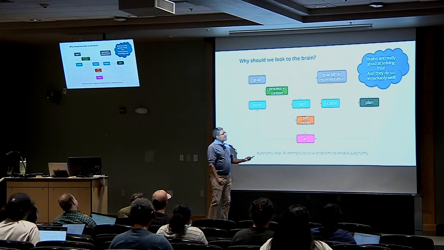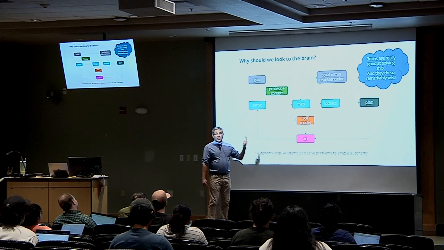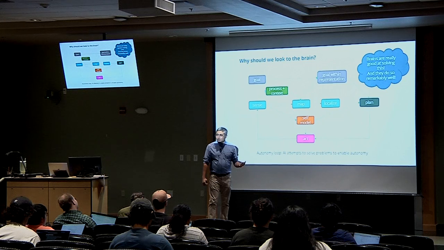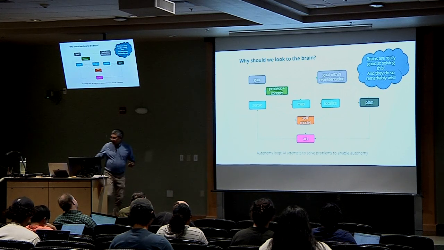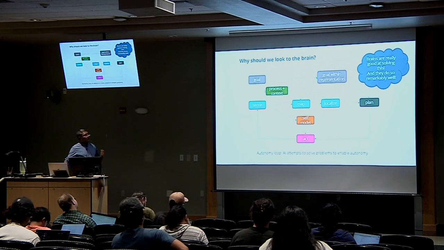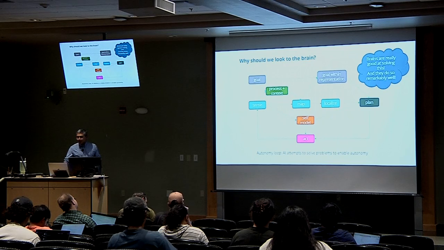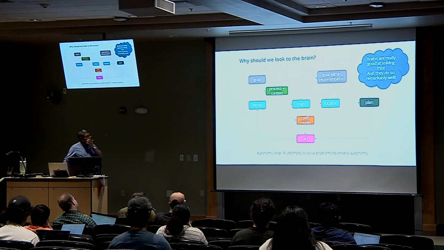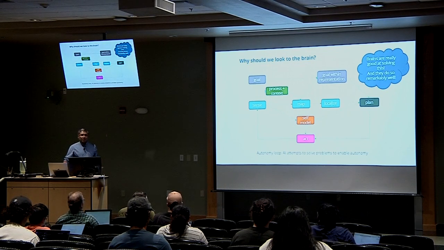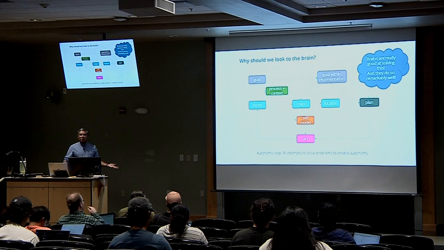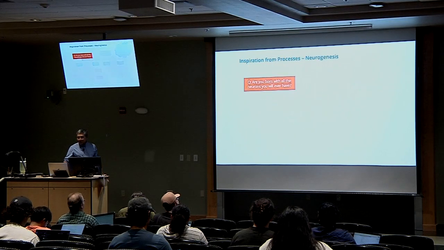And yet, they do so efficiently and take a very minimal amount of energy to do this. So we could all benefit from this, and this is one of the reasons why I believe we should look to the brain to solve this. And as I give you this example, hopefully it intuitively makes sense, right? I mean, brains have already solved it. Why don't we just copy that and solve it? And I think that's why it's a hard problem.